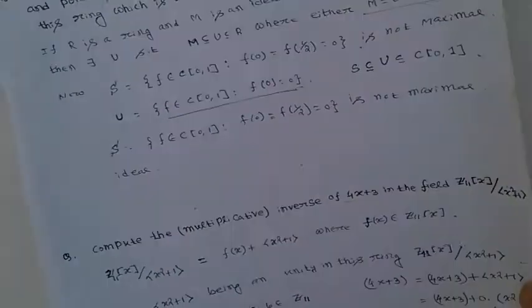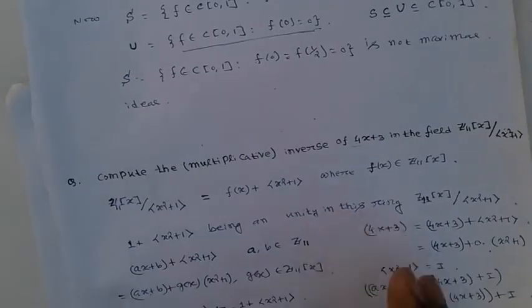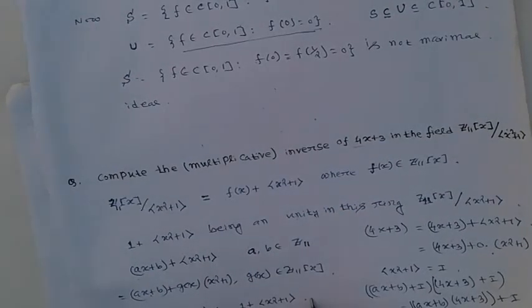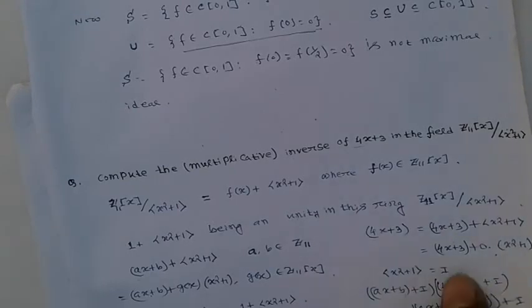Here in this case we take it to the right side and write it as g(x) times x square plus 1.